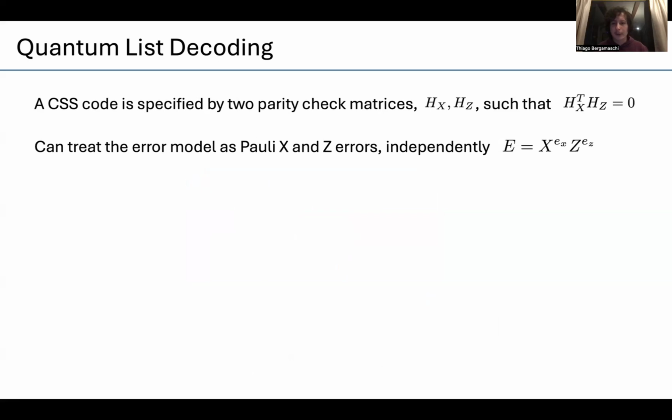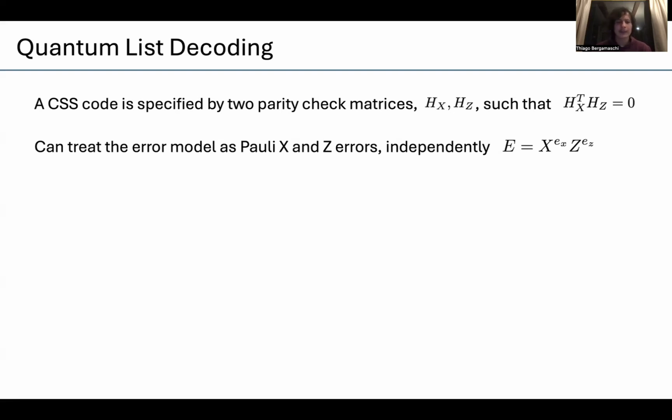With that in mind, arguably the main technical contribution in our work is a definition and constructions of quantum error correcting codes which are list decodable. So to just set up some background, the family of quantum error correcting codes known as CSS codes are a certain quantum analog to linear codes, in the sense that they're specified by two parity check matrices, Hx and Hz, satisfying a certain commutation constraint.